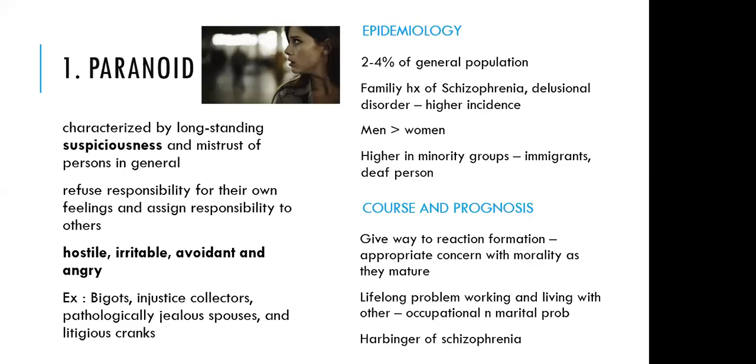But patients with paranoid personality disorder have lifelong problems that involve working and living with others, especially occupational and marital problems. In some patients it is lifelong, but in other persons it can predispose to schizophrenia too. Next.